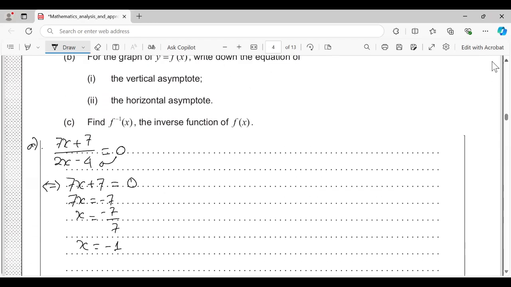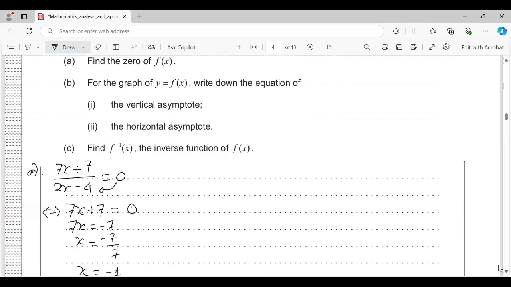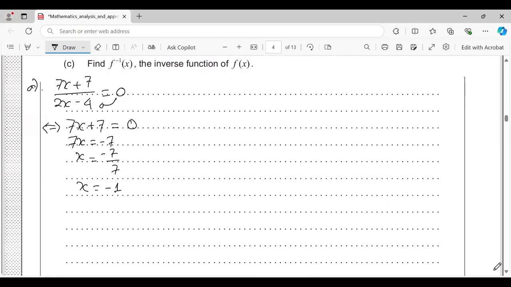And B, for the graph of y equals f(x), write down the equation of the vertical asymptote and the horizontal asymptote. B1, the vertical asymptote happens if the denominator 2x minus 4 equals 0.